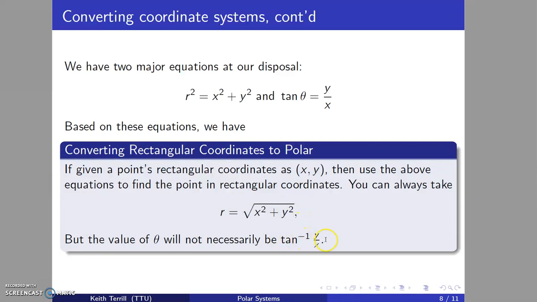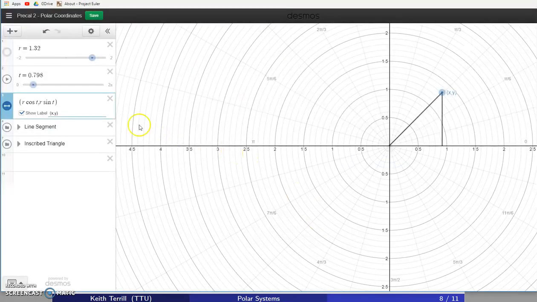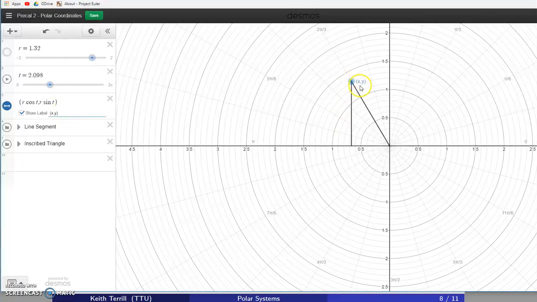And that's because arctangent only gives you values in two quadrants. It only gives you values in the first quadrant and in the fourth quadrant. So if you were out here at some x comma y, and you took the arctangent of that, it would actually tell you, oh, theta is negative something or another. It would actually try and spit you out in the fourth quadrant.